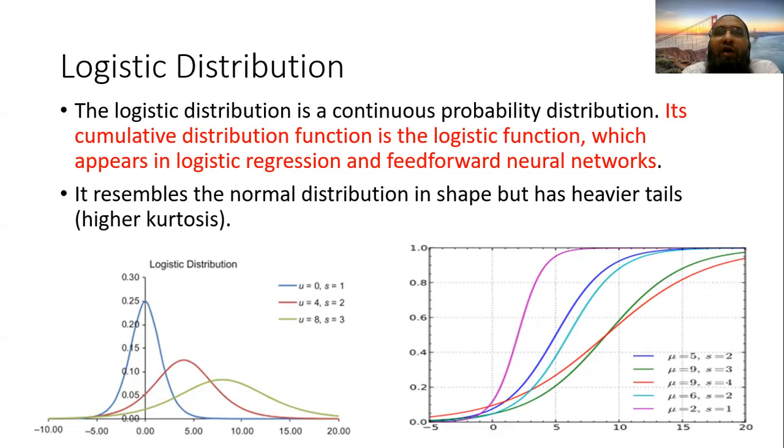Anytime you have a probability density function in the continuous space, you always have a cumulative distribution function. You should keep this in mind. ठीक है? जहाँ पर आपके पास continuous PDF होगा, obviously it's going to have a formula. It's going to have some parameters. Like we saw in the case of normal distribution, it is also going to have a cumulative distribution function, because we want to find out probabilities like this one.